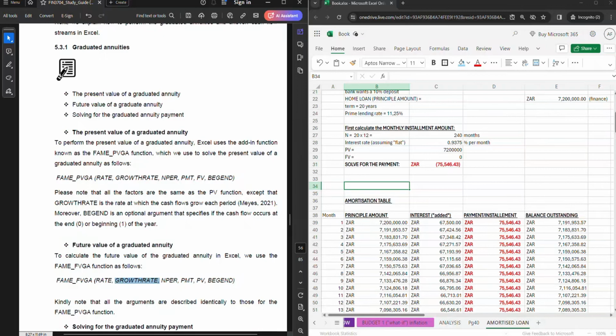Excel growing annuity formula. Let's see what comes up.